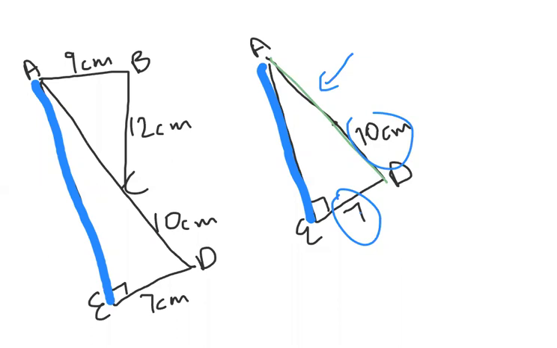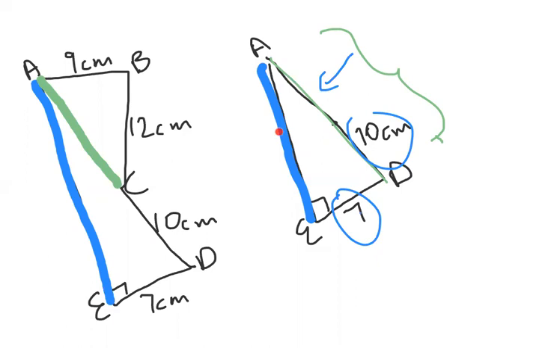So if you look at this one over here, there's AC. If we can get AC, do you agree then we have this whole line over here? And if we have that line, that side, then we have this side and also this one here, and then we can work out AE.